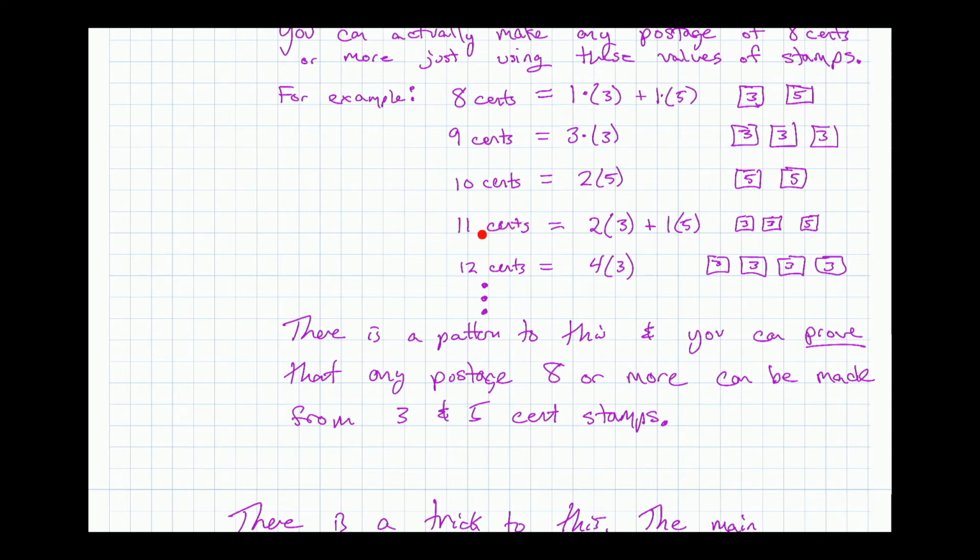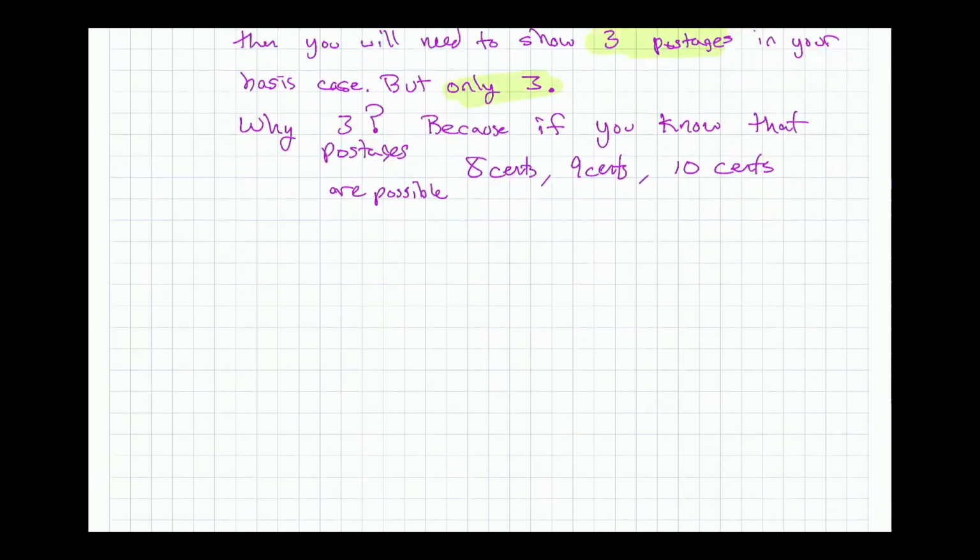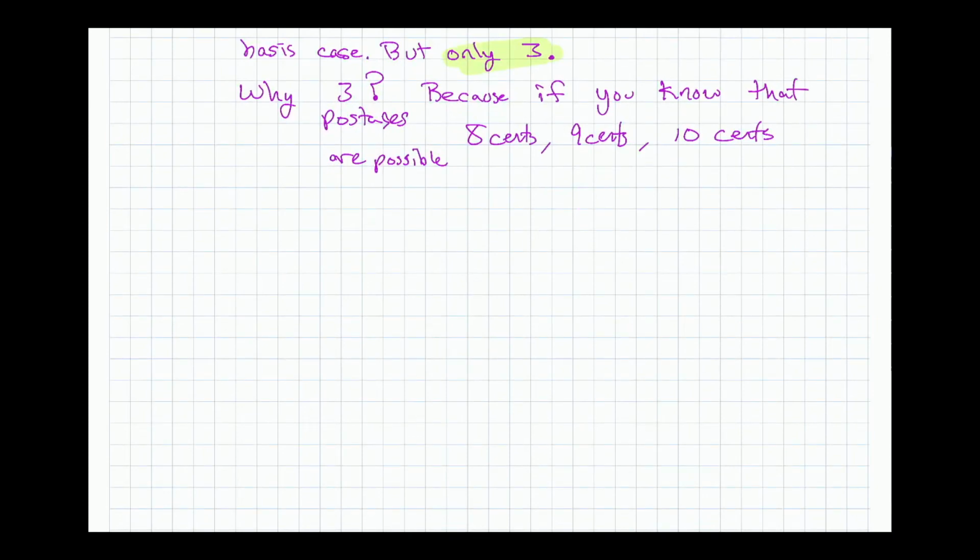The reason you don't have to think about how to make 11 is because if you wanted to make a postage of 11 cents, you could just take the 8-cent stamp, and we know our smallest stamp is 3, so you could just add 3, right? One extra stamp, and that'll take you to 11. Okay, and so that's the idea here, because if you've got 8, 9, or 10, you know those are possible.